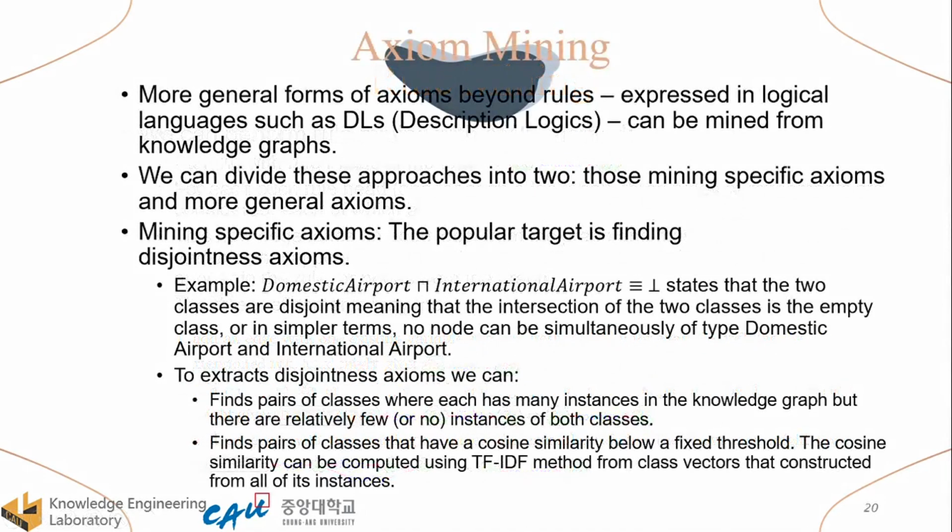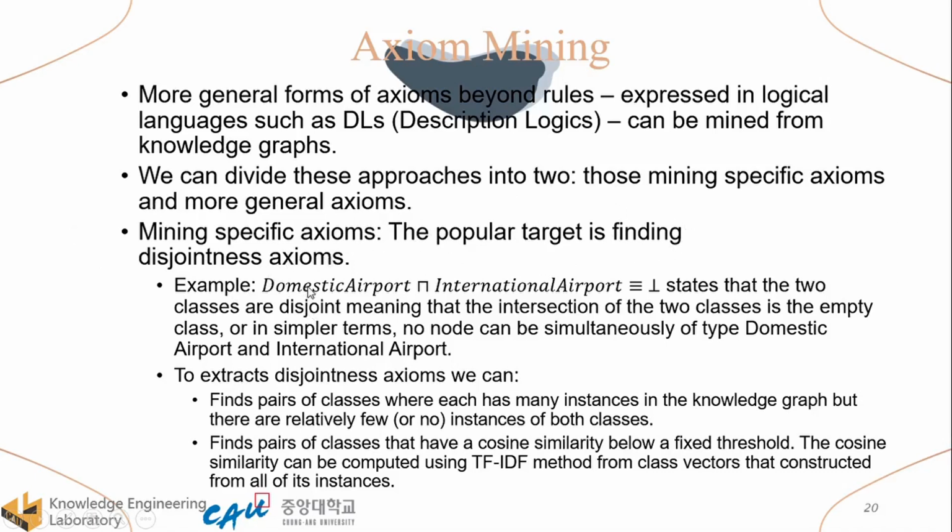And next is axiom mining, a more general form of axiom beyond rules. It is expressed in a logical language such as description logic and can be mined from a knowledge graph. We can divide this approach into two: mining specific axioms and general axioms. For mining specific axioms, there is a really popular target, which is finding disjointness axioms.